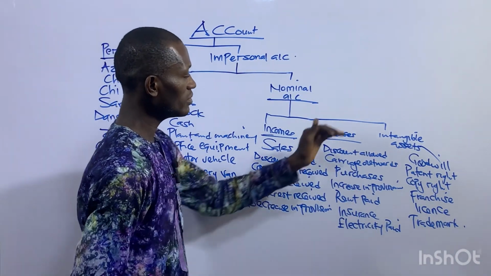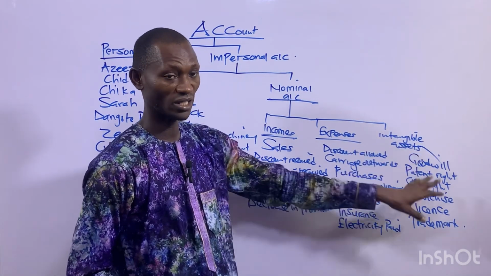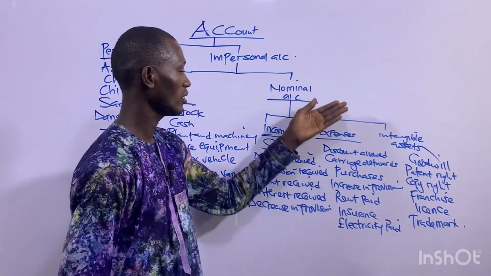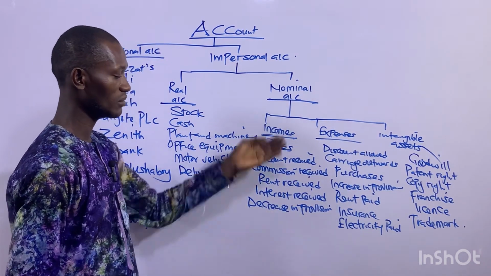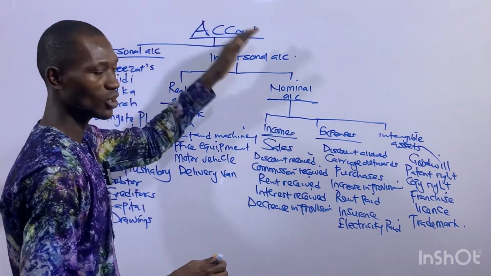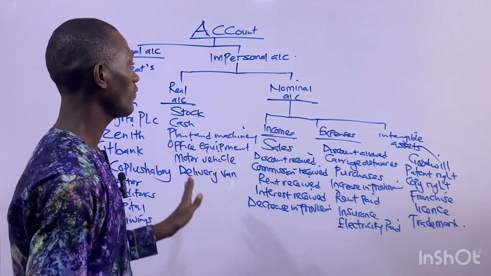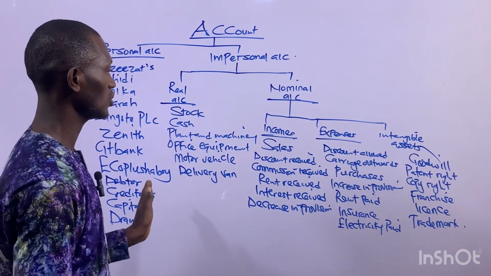So these are some of the examples of intangible assets, and it is not limited to all these that we've mentioned. Expenses is not limited to this, and incomes also is not limited to this. So there are other ones. So this is the organogram, the charts for an account. So I hope this is understood now.